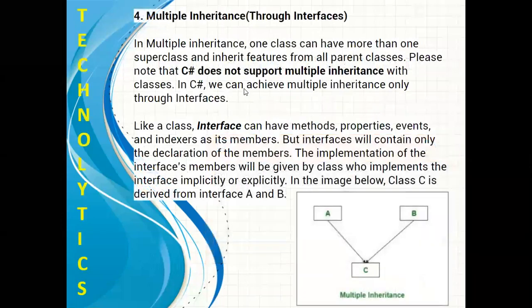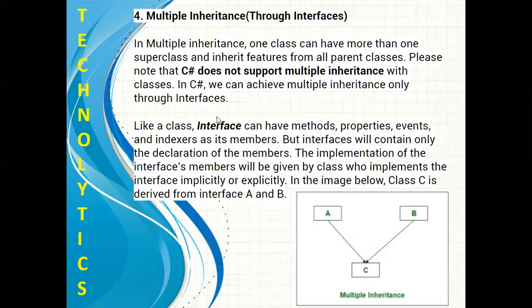Okay, so if you will see, till now we have seen three types of inheritances. The first one was single inheritance, second one was multi-level inheritance, third one was hierarchical inheritance, and now we are going to see the fourth type of inheritance, that is multiple inheritance, which is possible through interfaces.